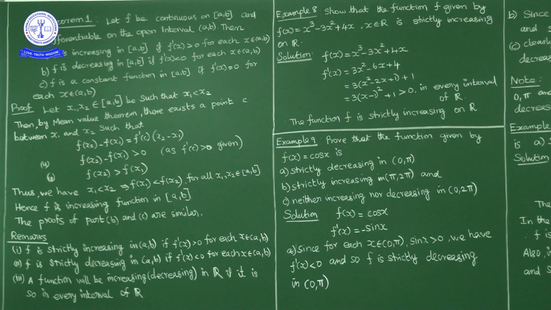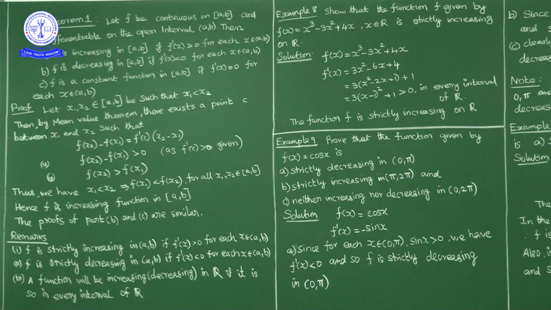Okay. If f is continuous and differentiable, then by the mean value theorem, which we discussed in differentiation, there exists a point C such that f dash of C is equal to f of x2 minus f of x1 upon x2 minus x1, where x1 and x2 are any two arbitrary points in the closed interval [a, b] such that x1 is less than x2.